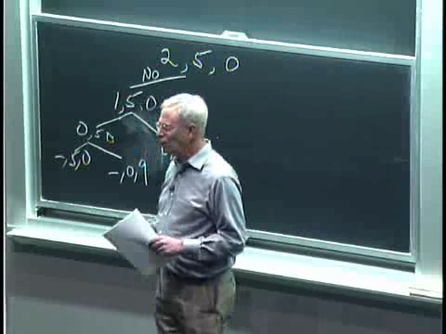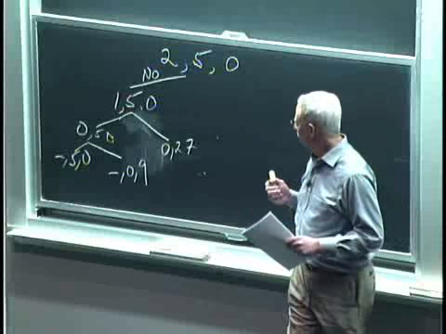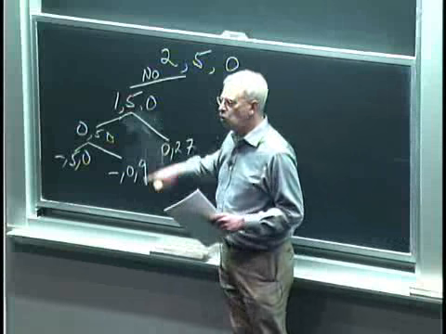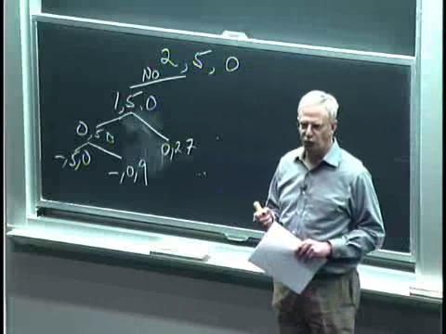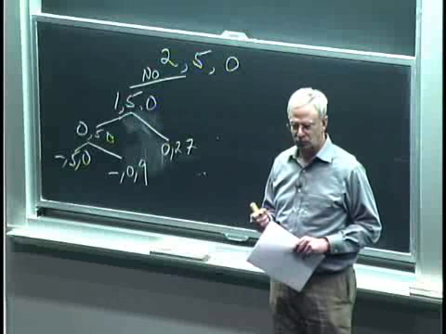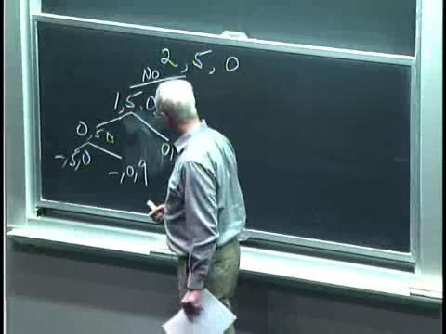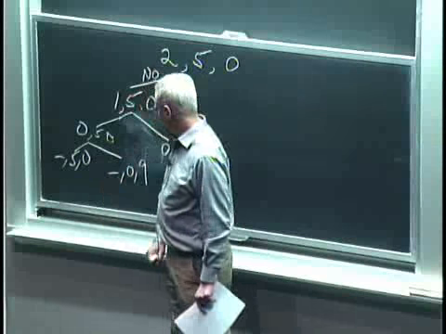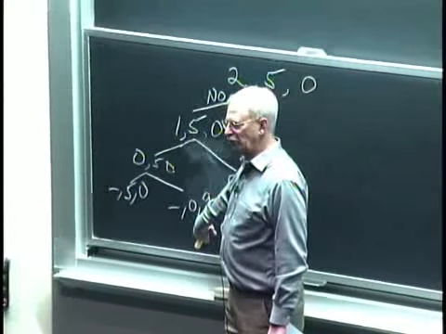But what I want you to notice is that for each node except the leaves, the solution for that node can be computed from the solutions of its children. So in order to look at the solution of this node, I choose one of the solutions of its children.